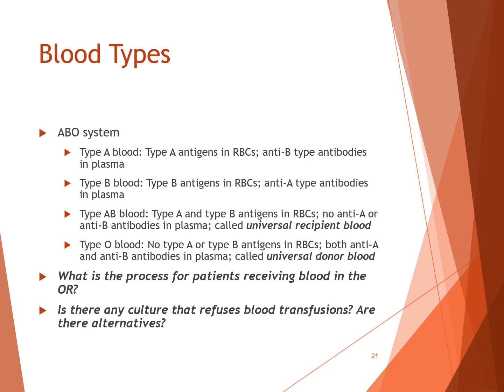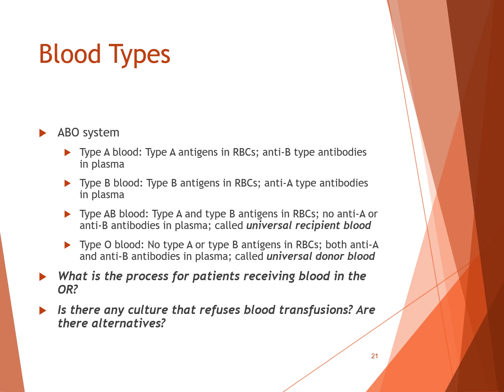If you give a person that has type B blood type A, the blood has antibodies to attack type A, and so the body is going to start attacking itself, and that's a bad thing. And that's why giving someone a blood transfusion that is compatible with their blood type is so significant.